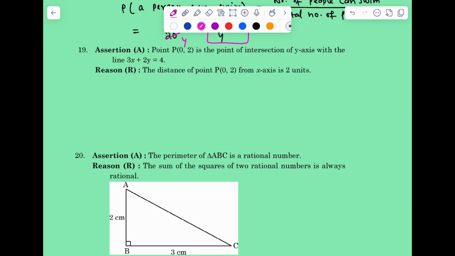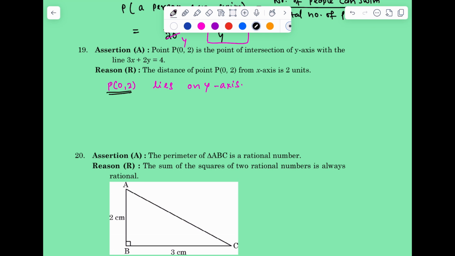Question number 19. A point P(0, 2), this point is the point of intersection of the y-axis with the line 3x plus 2y is equal to 4. If you see point P(0, 2), it lies on the y-axis because the x coordinate is 0.